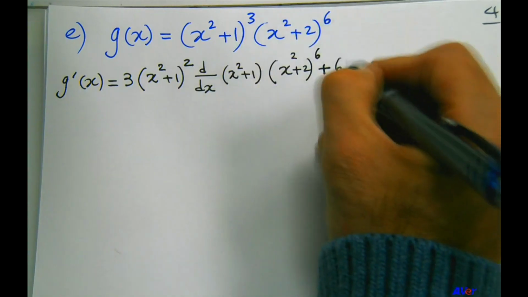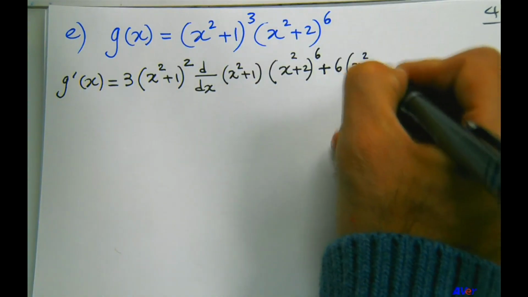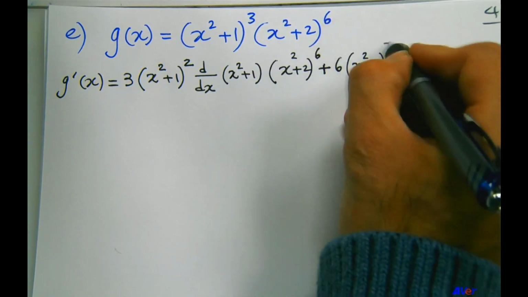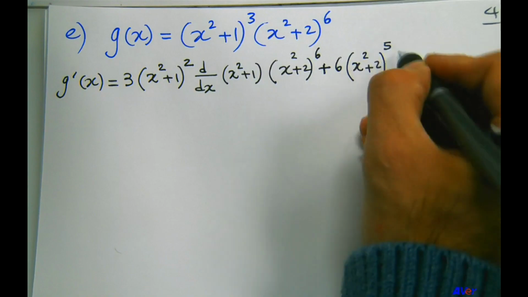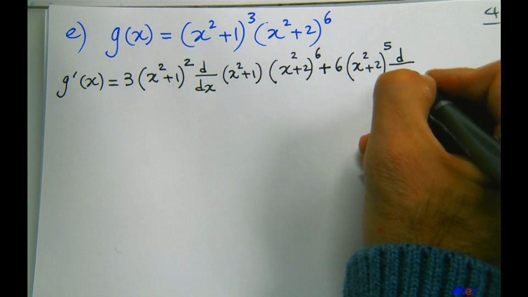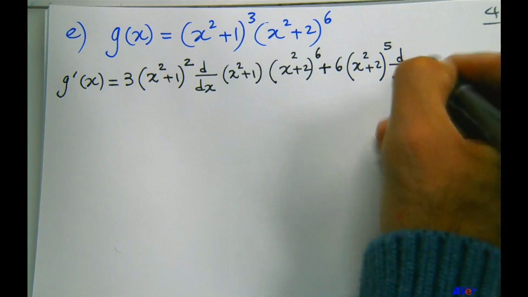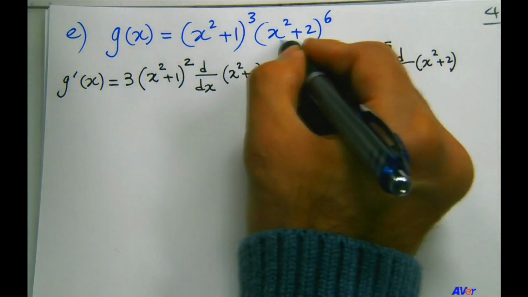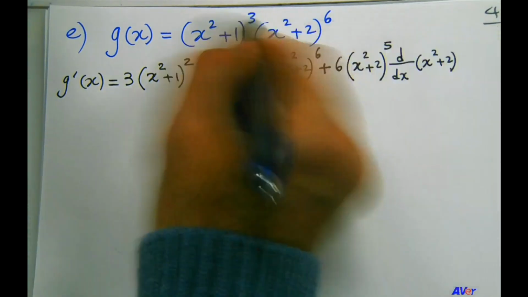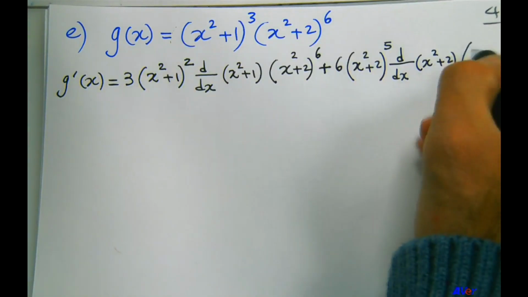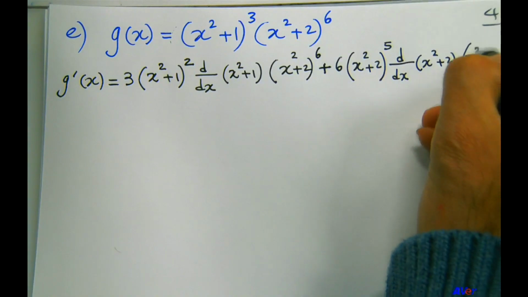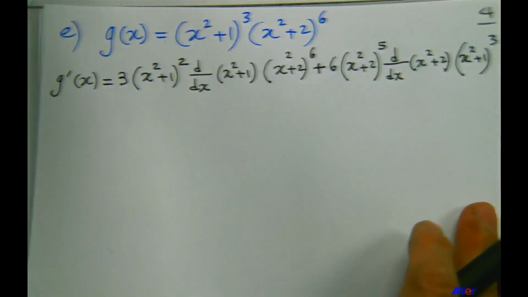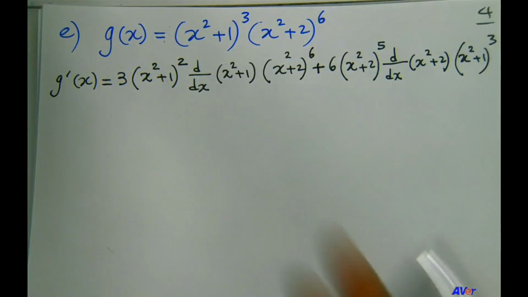So 6 times x squared plus 2 to a power 1 less than that, which would be 5, times d dx of x squared plus 2, the derivative of this by the chain rule, multiplied by all of that, x squared plus 1 cubed. Okay, that barely fit across the page, that derivative.